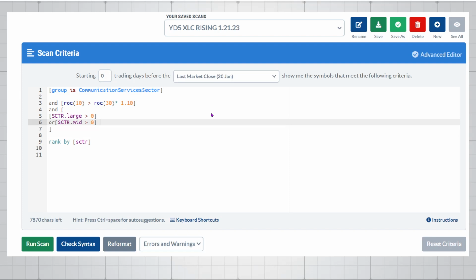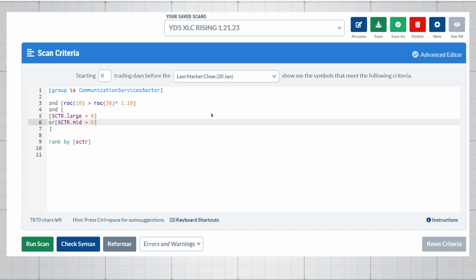We want it to be either a large or mid cap, because there's a lot of small cap things that may be a little too illiquid for most traders in this area. We're going to rank it by the scooter. Your thoughts on using rate of change to detect acceleration, Professor?